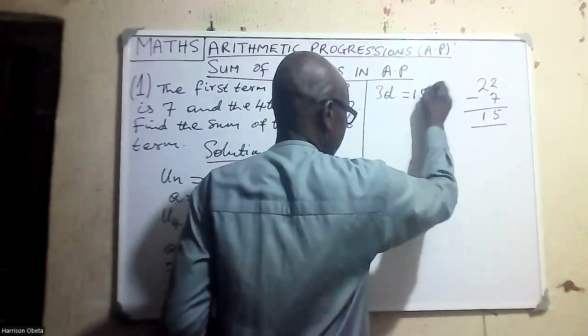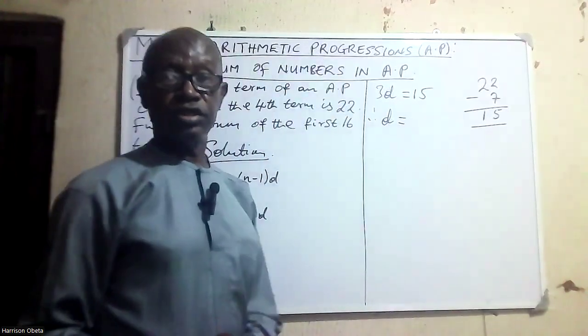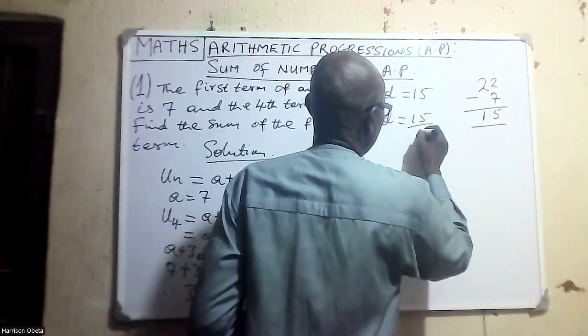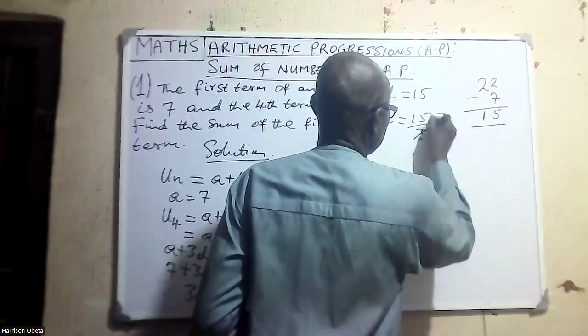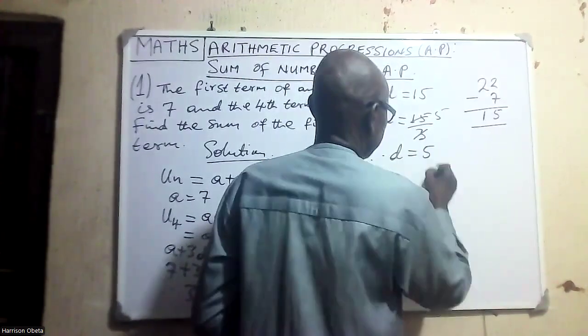So 3d is equal to 15. Therefore, d is equal to, you use 3 to divide, 15 all over 3. Therefore, d is equal to 5.